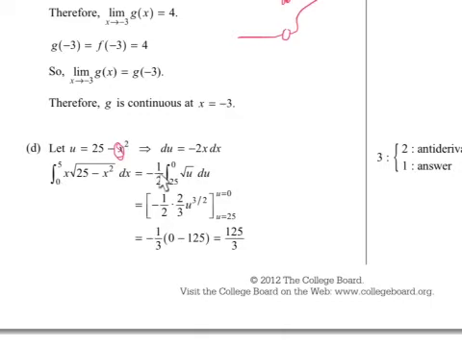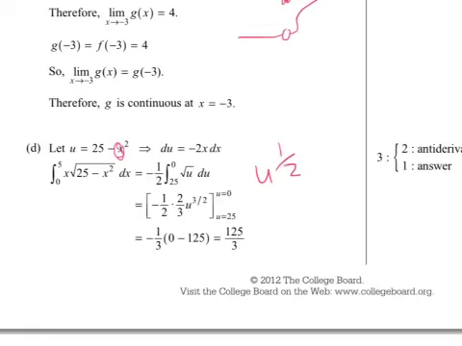Were they at negative 1/2? Well, don't they divide this over because of U-substitution? The integral of square root of u, isn't that going to be u to the 1/2? So won't that be u to the 3/2 divided by 3/2? And then don't they put in 0 and 25 and subtract?